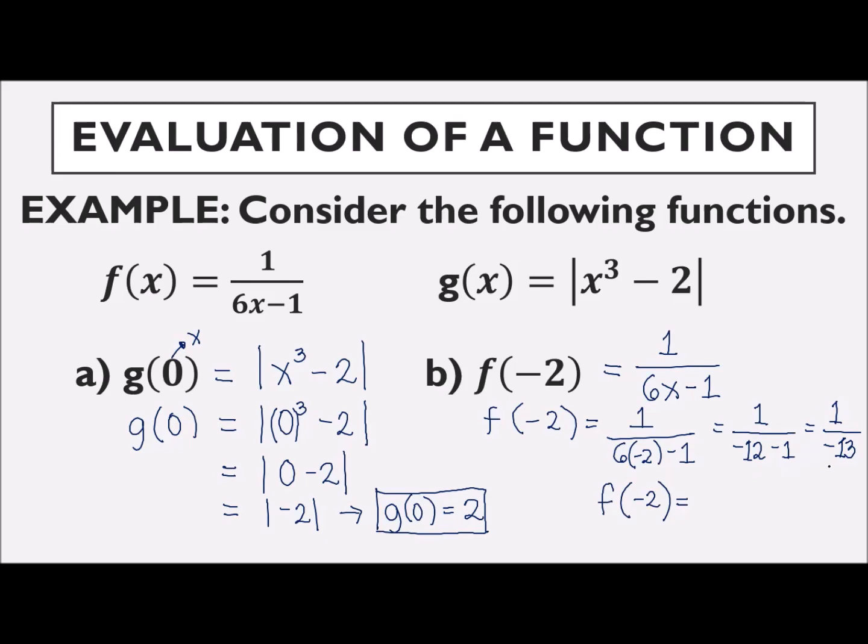Why? Pag sinimplify natin to, what is 1 divided by -13? The answer is -1 over 13. So, pwedeng nandito siya, -1 over 13. So, this is our final answer. So, it's not always a whole number. So, pwedeng ibang form of numbers.